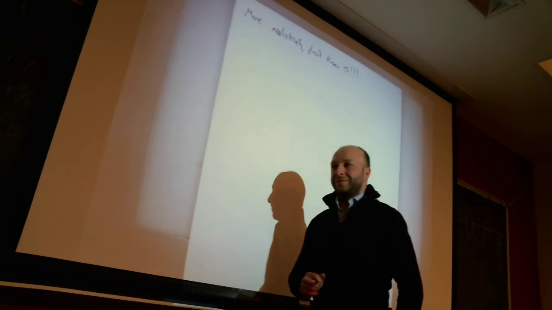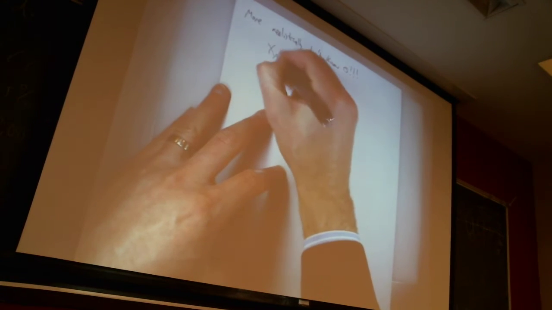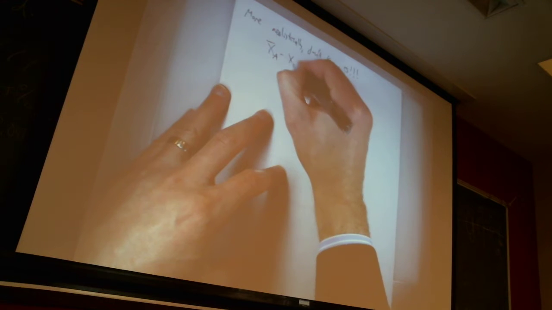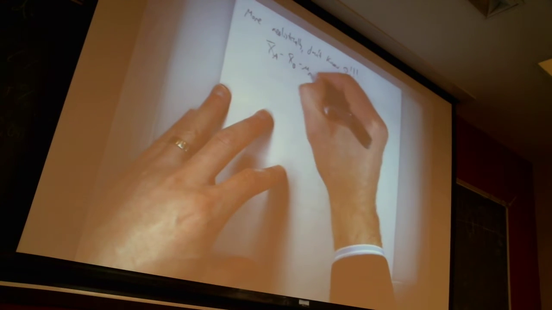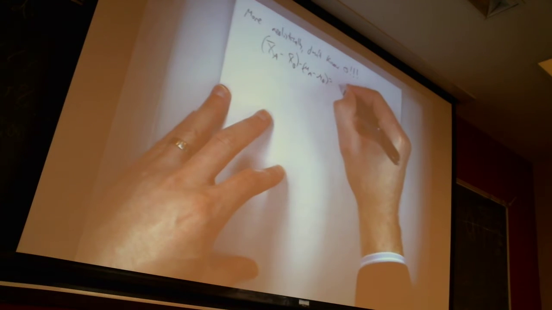So what do you do? Now you get to this X_A bar minus X_B bar minus (mu_A minus mu_B). Let's start back at this equation.